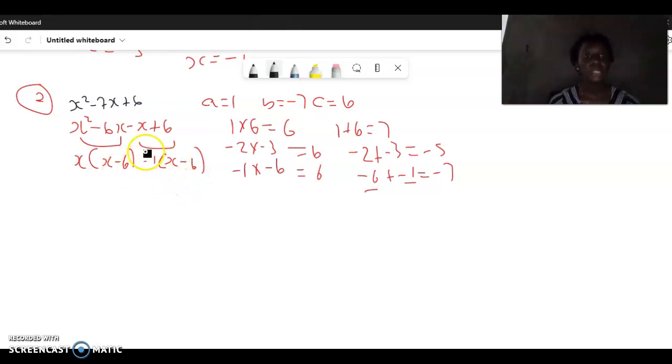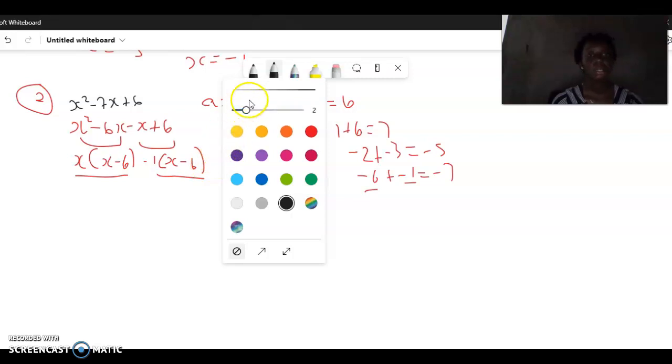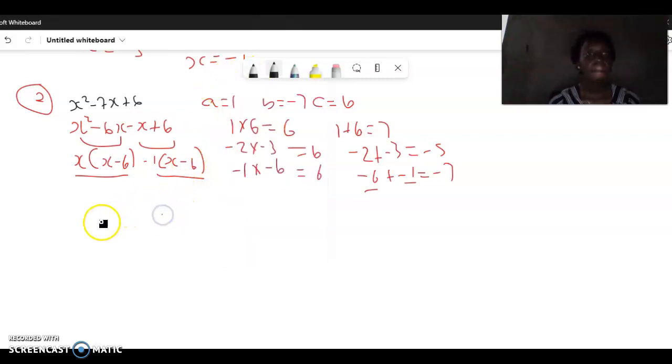At this point we want to look at the expression to see if we have a common term. x minus 6 is definitely common on both this side and this side. So factoring x minus 6, I will write x minus 6. Factoring x minus 6 from the first group would yield x. We're going to do the same thing on this side as well.